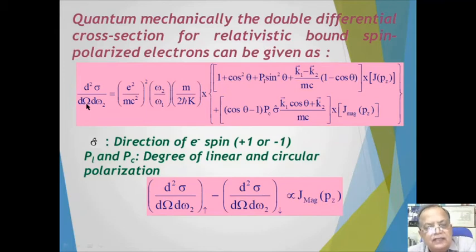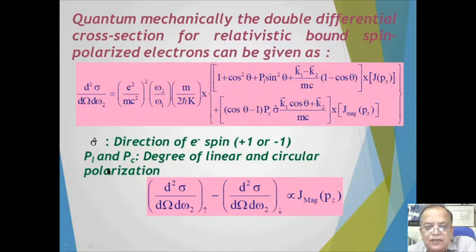D omega is the solid angle, so you measure the scattered radiation in a particular solid angle, and further you are measuring the radiations near the Compton peak. Now if you see the terms here, you have 1 plus cos square theta, and then PL sin square theta by 2, K1 minus K2, and all this, that is multiplied by J(pz).